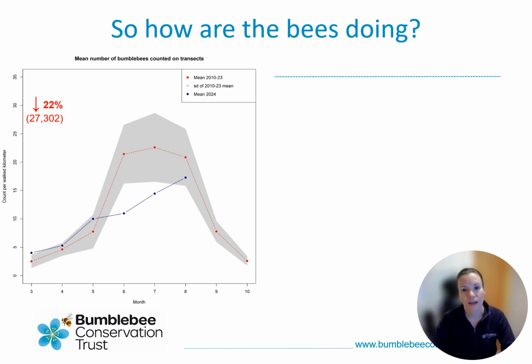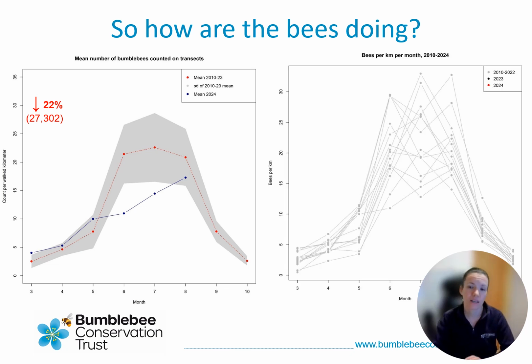Numbers were down by around 22% compared to the long-term average. Numbers did improve come July, August, but we think lots of early nests failed around June time. Once a nest has failed, you can't come back from that. We're never going to get back up to those normal numbers. So when we look at it this way, it does sound like pretty bad news for our bumblebees.